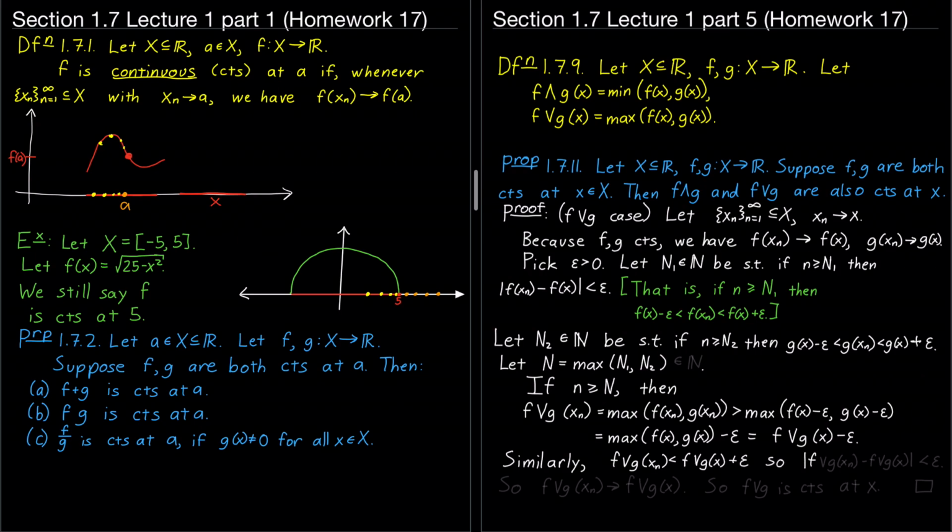So we can turn this back into absolute values again. This thing is less than epsilon. And so putting this all together, you pick an epsilon, then there is a natural number N such that if little n is bigger than big N, then f v g of x_n is within epsilon of f v g of x.